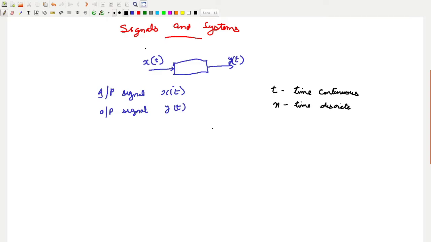So if our system is dealing with a discrete signal, instead of x of t we will be using x of n, and if it's a discrete output, we will be using y of n. This is the very basic system which deals with signals.